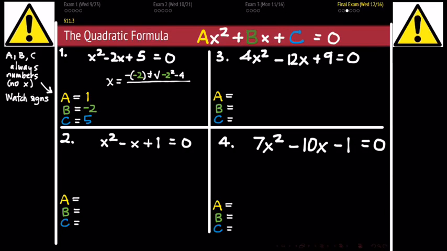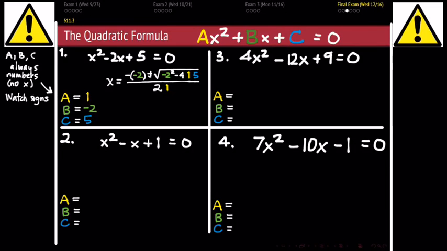A here was 1, and C was 5. And I'm going to have a fraction bar problem too here, unless I also extend this out. And then on the bottom I have 2A, that's 2 times 1. And then you went along and evaluated this.